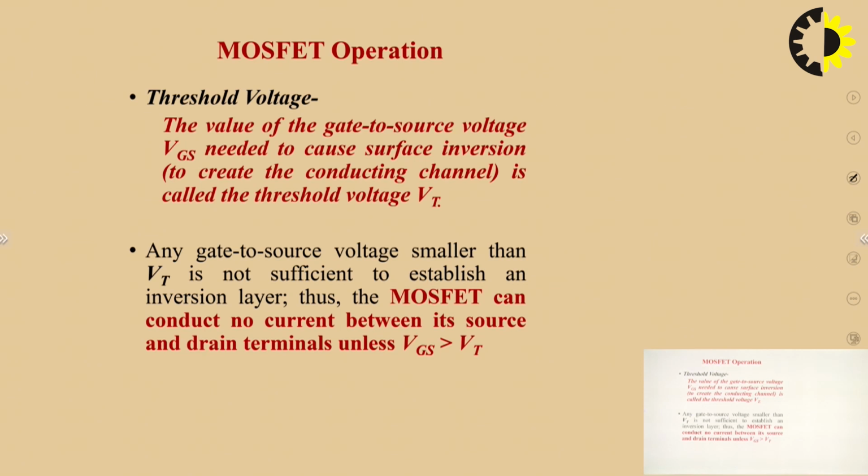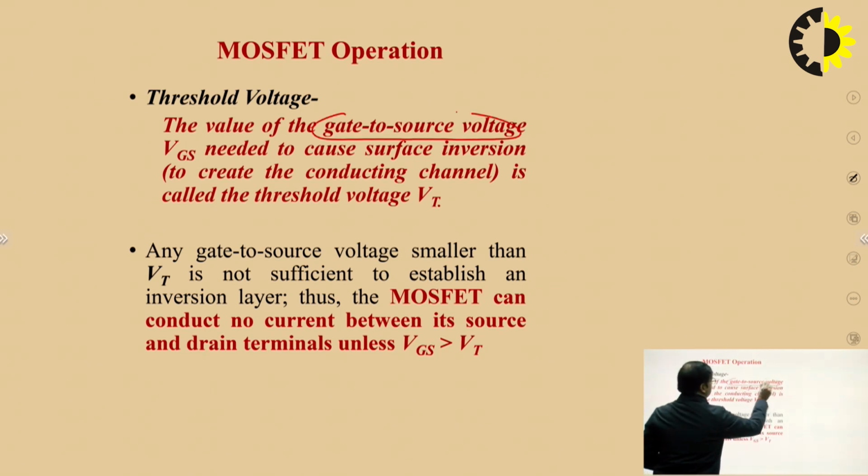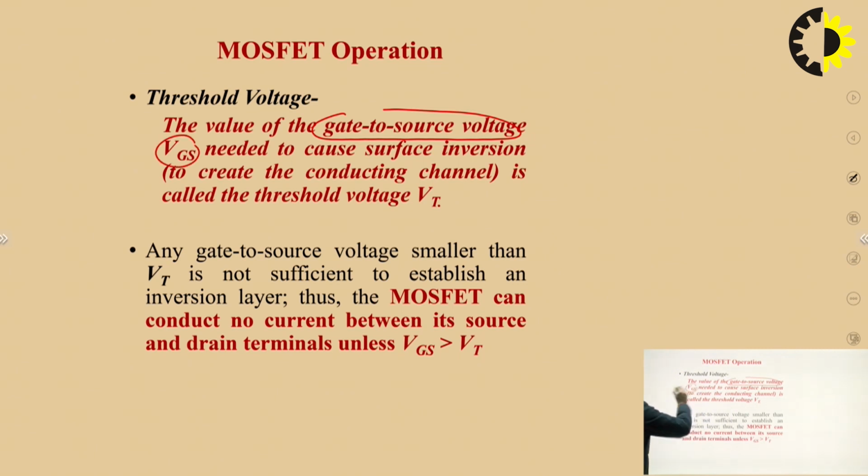The minimum value of the gate to source voltage VGS which is needed to cause the surface inversion, that is to create the conducting channel, is called the threshold voltage VT.